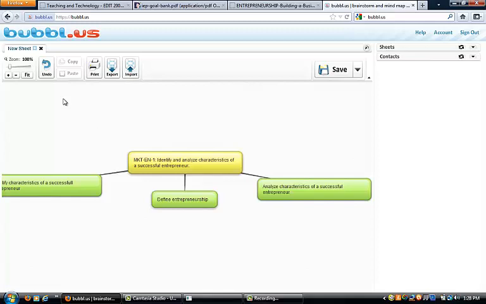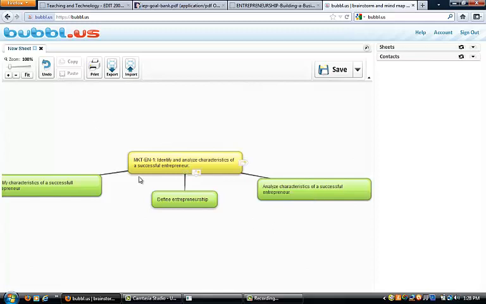So the very first thing I want to do as a teacher is to reflect on my own personal experiences within this standard. So how did I first learn about either identifying characteristics of a successful entrepreneur, defining entrepreneurship, or analyzing characteristics of a successful entrepreneur? So the very first thing I can remember is really thinking about my own family and people that owned their own businesses.